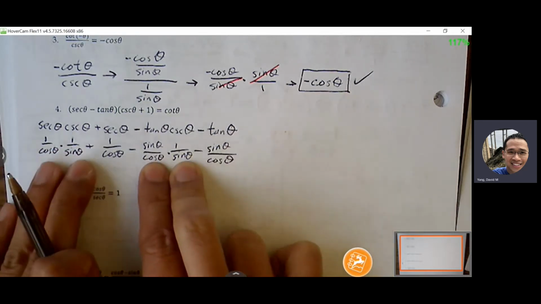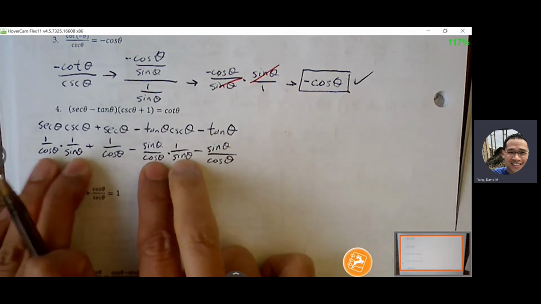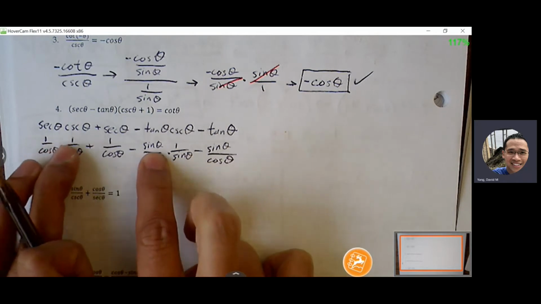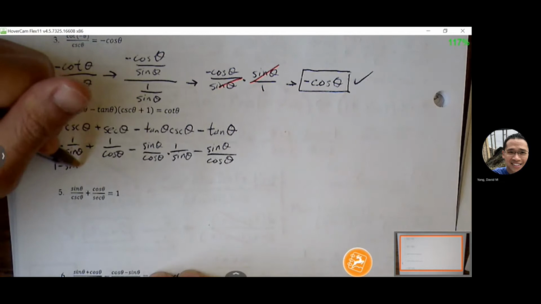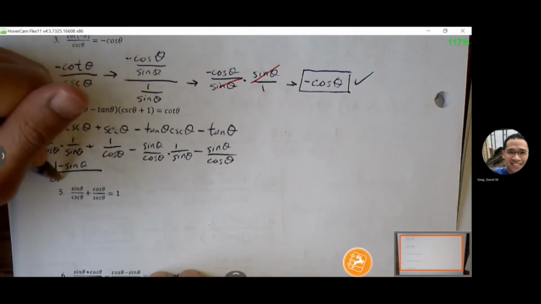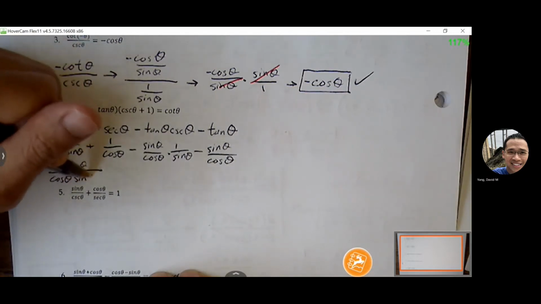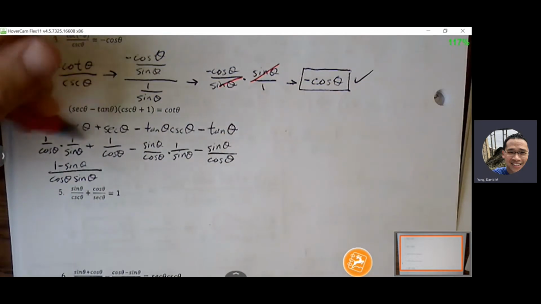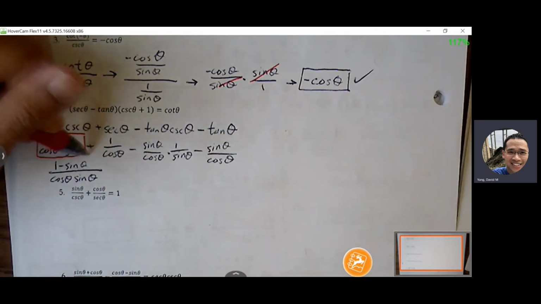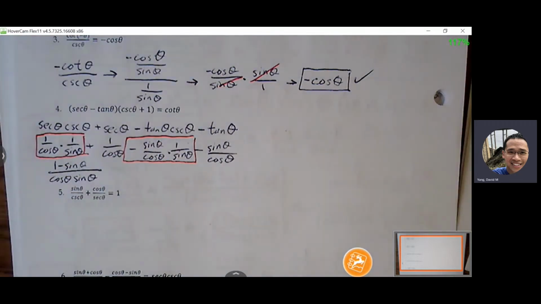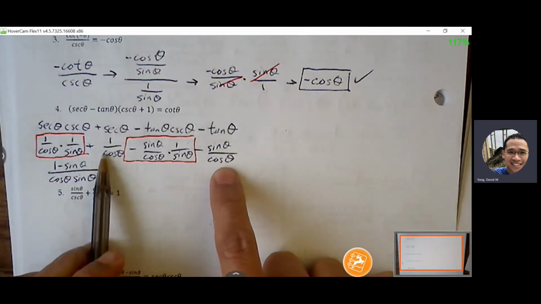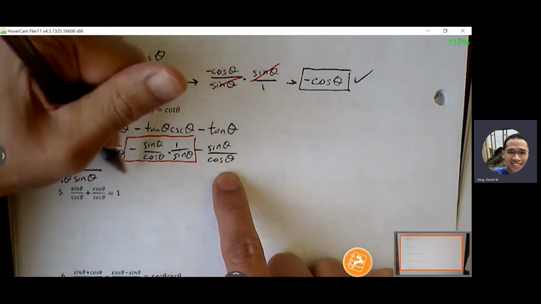I'm just putting these as one fraction here, just combining the numerator, 1 minus sine theta. So let me show what I'm combining here. I know I can merge these together because they both have the same common denominator. And then the other 2, I'm going to merge together because they share the same common denominator.